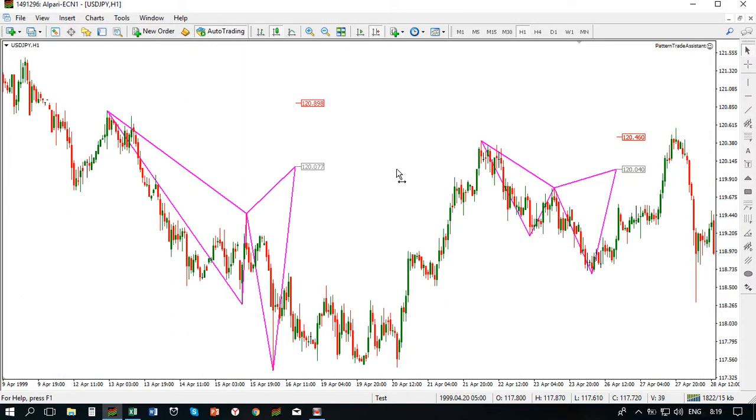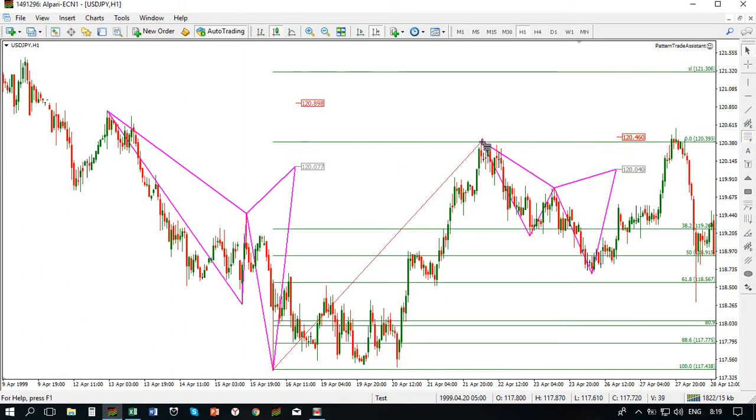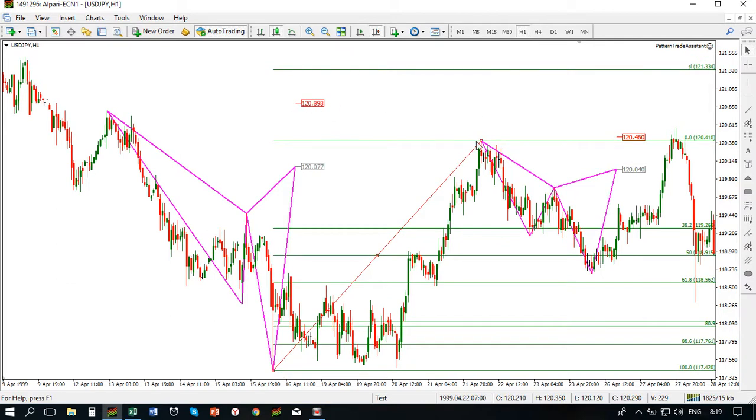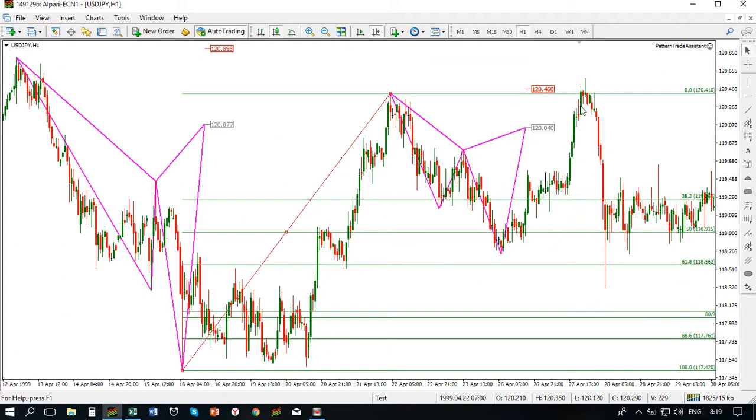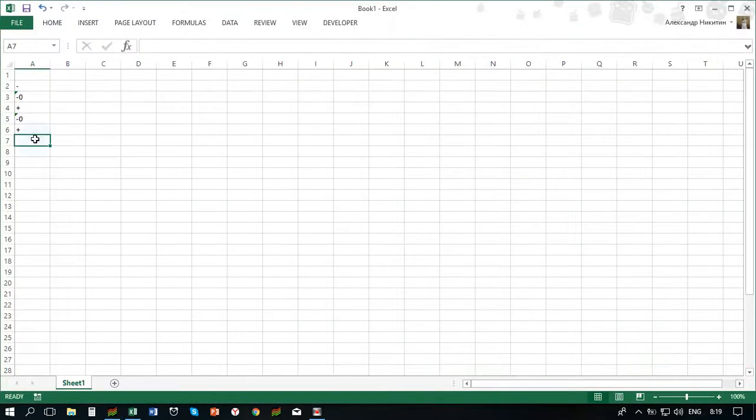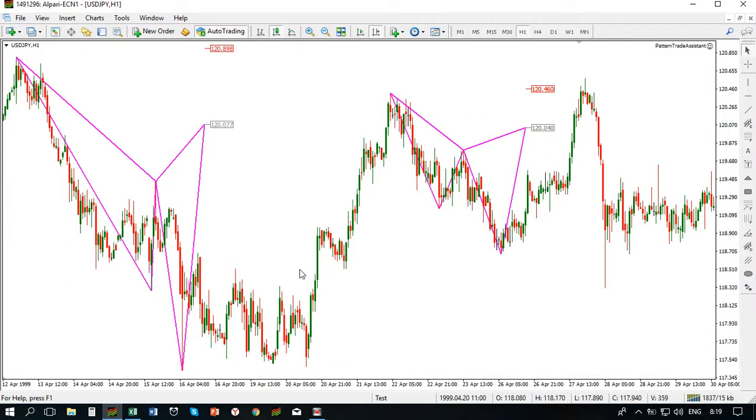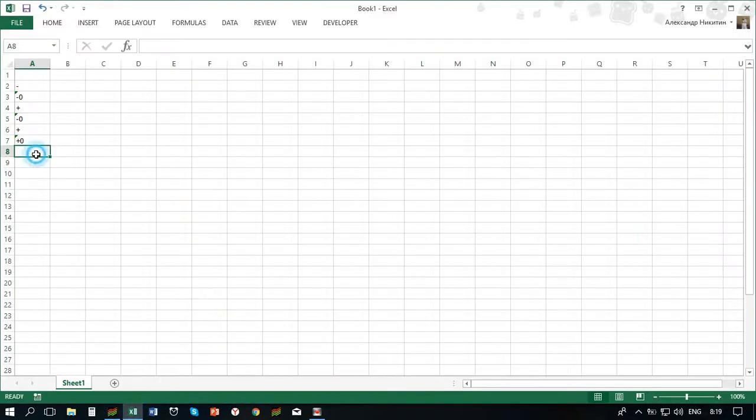Okay, this larger cipher looks this way. Didn't touch this stop, you can see that. It hit 50 and then returned back and then came back to 618, so this means it was plus 0. This price action had a stop loss touch and reversed. Sometimes it happens. Kiss of death.